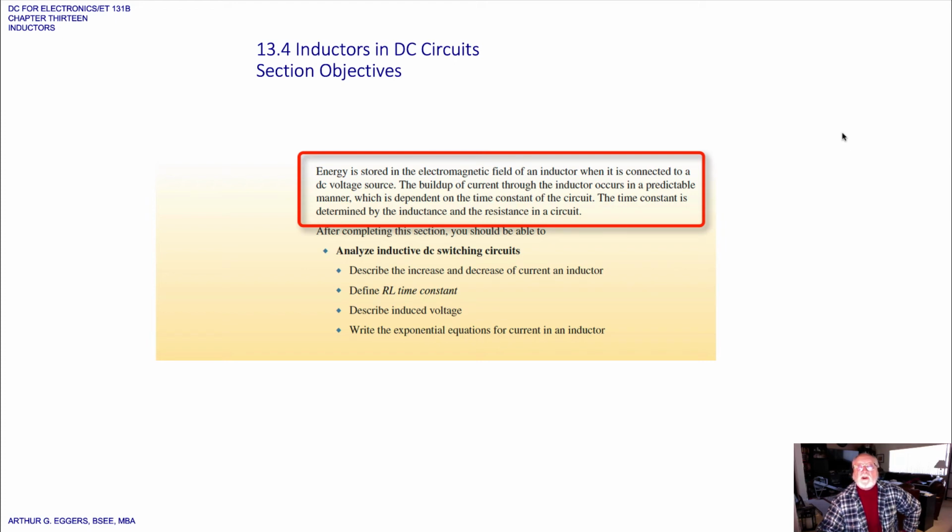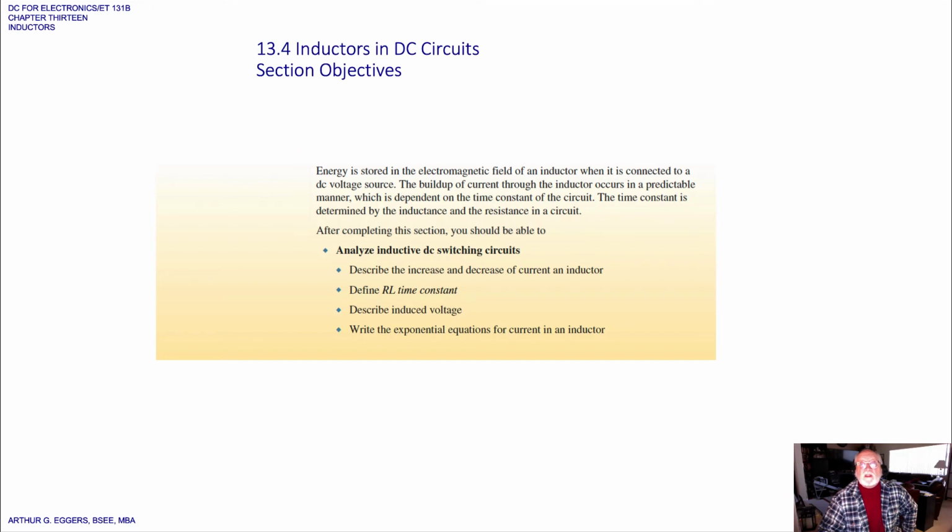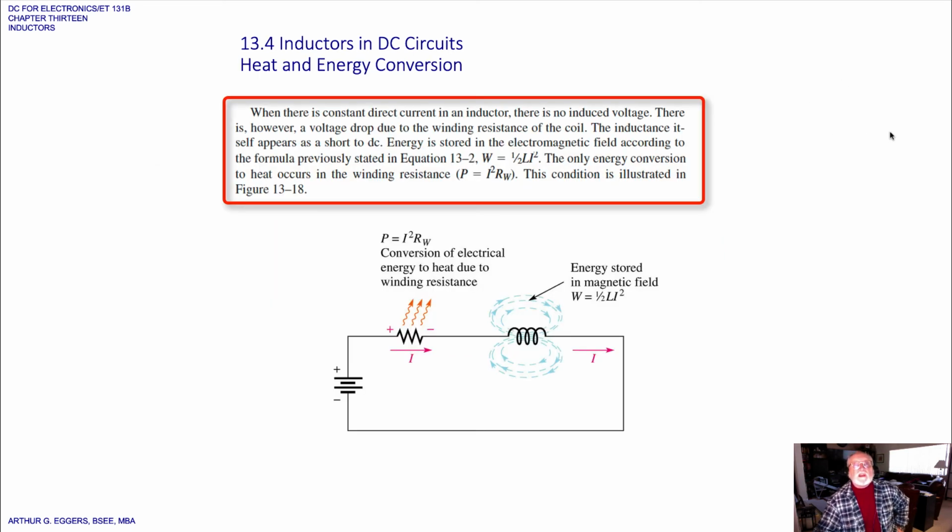The buildup of current through the inductor occurs in a predictable manner, which is dependent on something called the time constant of the circuit. The time constant is determined by the inductance and the resistor in the circuit. So what we're going to do is look at how these two components act and work together in a circuit.